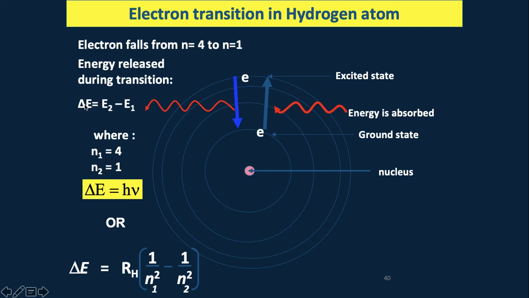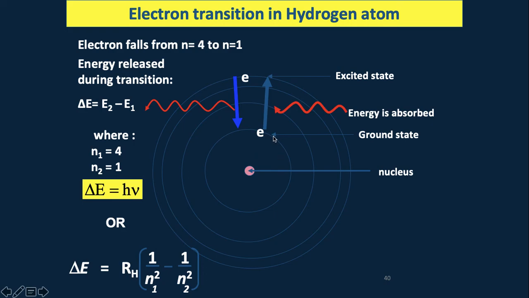So the change of energy is energy final minus energy initial, where n initial is 4 and n final is 1. You can use this equation to calculate the energy change, or if you want to find the frequency, you can use this equation.